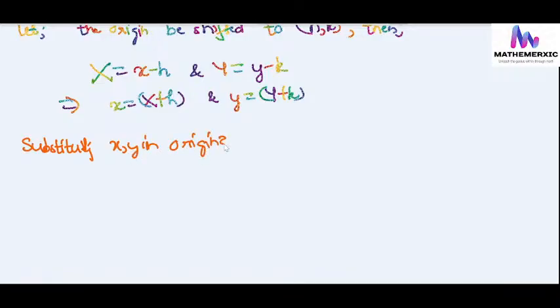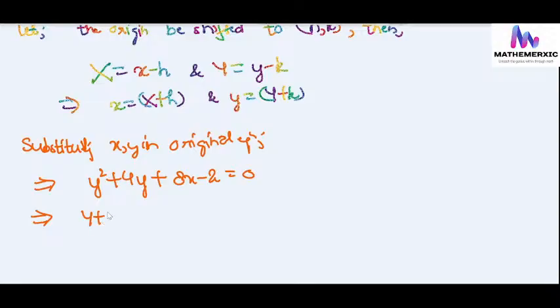What is the original equation here? It implies that y square plus 4y plus 8x minus 2 is equal to 0, and y we are keeping as capital Y plus k whole square plus 4 times capital Y plus k plus 8 times capital X plus h minus 2 is equal to 0.